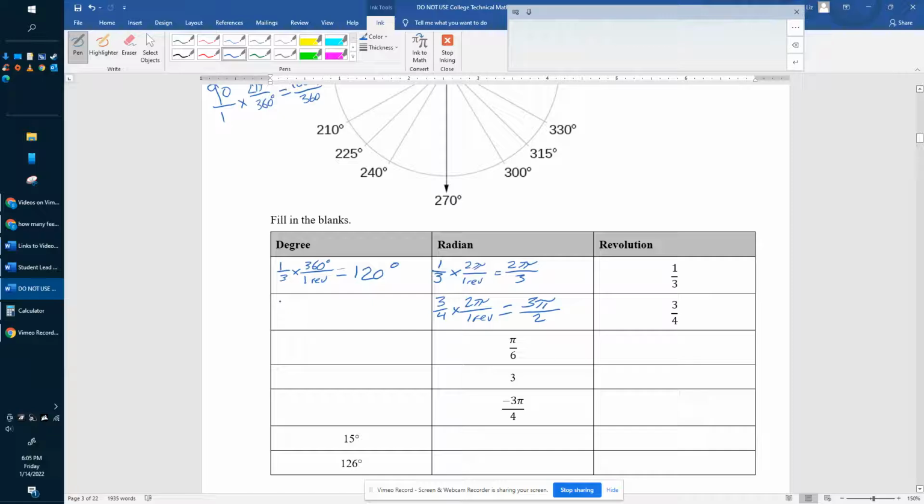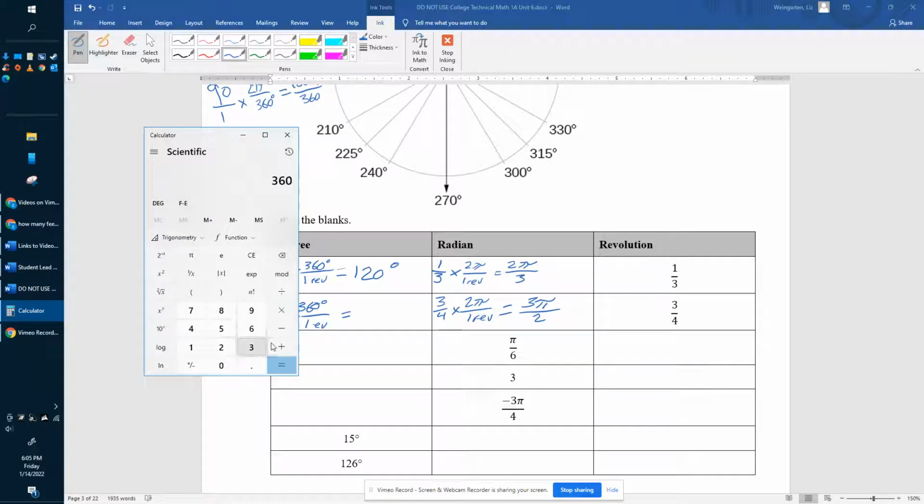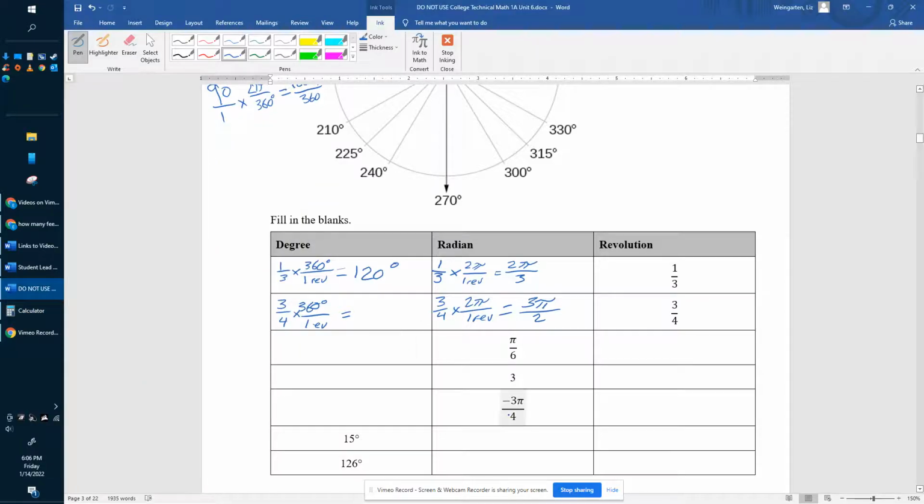How about 3/4 converted to degrees? Multiply it by 360 for 1 revolution. Let's see. 360 times 3 divided by 4 equals 270 degrees.